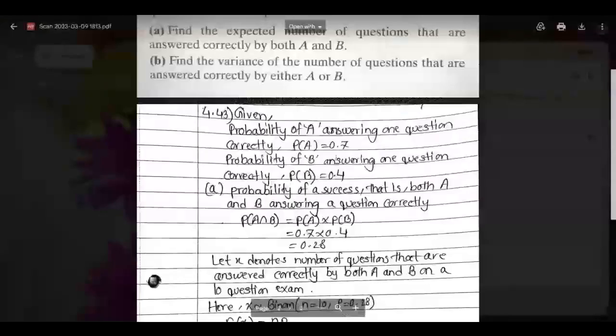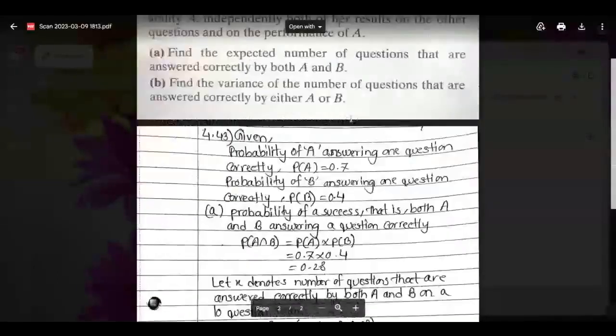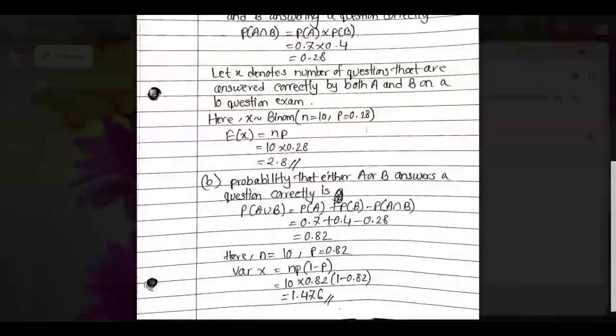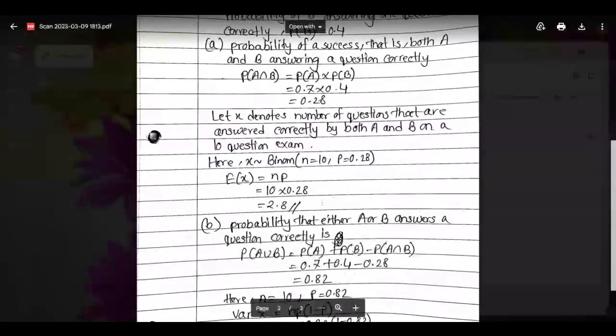Now we have to find the expected number of questions. We have the formula from the binomial random variables with n and p, which is that the expectation of X is n times p. So n is 10 questions, and p is 0.28, and then the answer is 2.8.